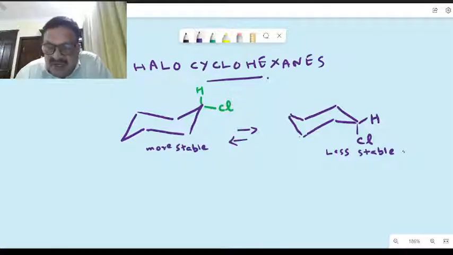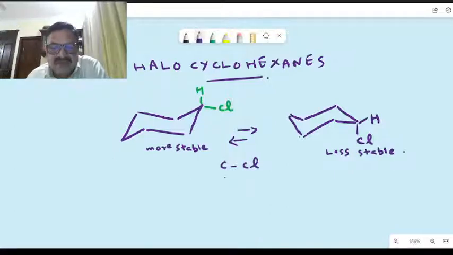axial position. Now, for E2 elimination to take place, we have the C-Cl bond and the C-H bond here.